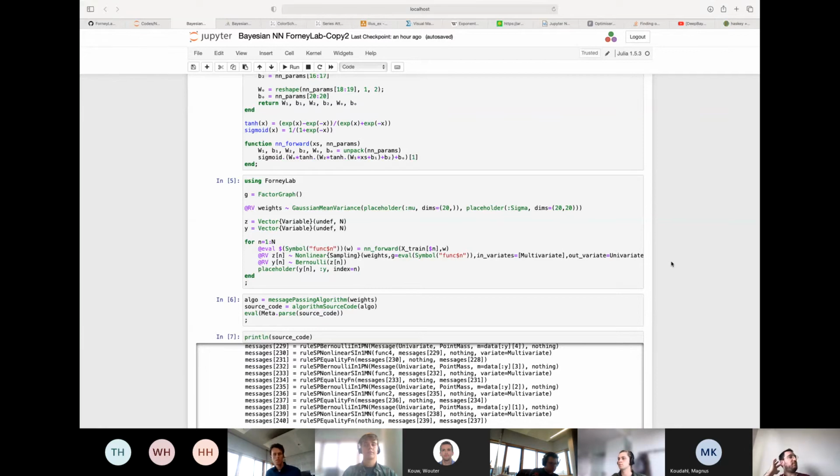Normally, the way we learn a neural network is with gradient ascent, or gradient descent if you minimize the negative logarithm. So it's basically a stochastic gradient optimization. And in Bayesian inference, we know that the closed form updates of, for example, VMP refer to gradients of free energy.